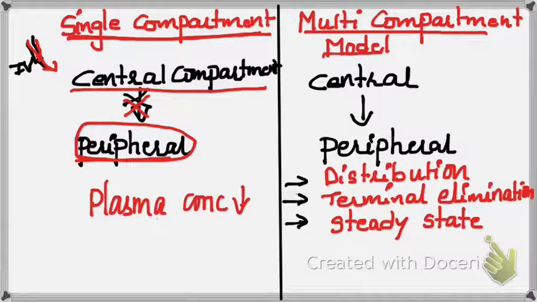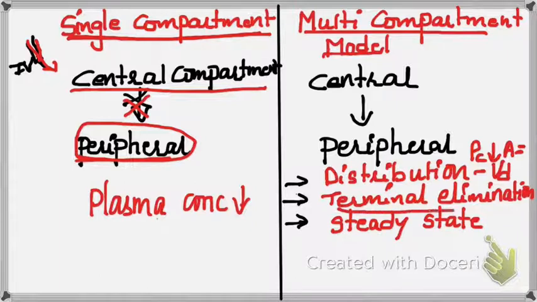In the distribution phase, following administration of the drug, the plasma concentration of the drug declines, but the amount of drug in the body remains the same. This phenomenon will cause a single drug to have many volume of distribution values, which are each time dependent. At different times, we can have different volume of distribution of the drugs.